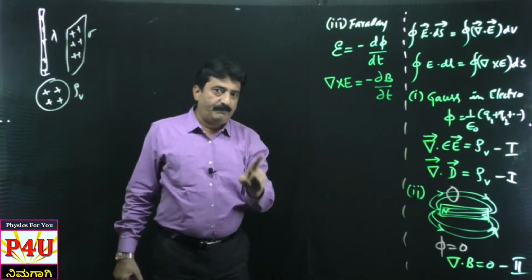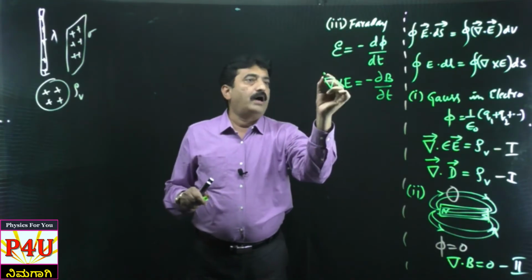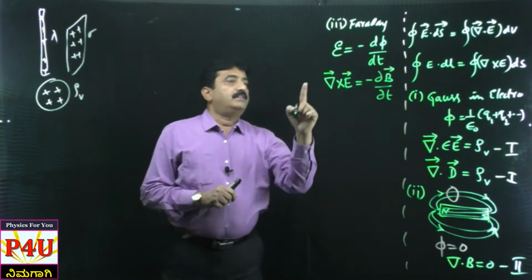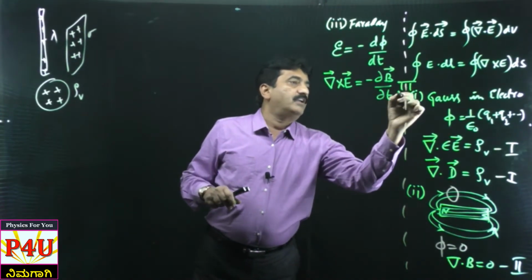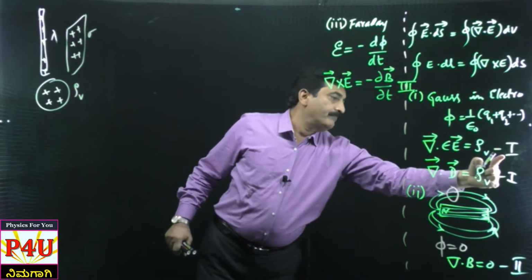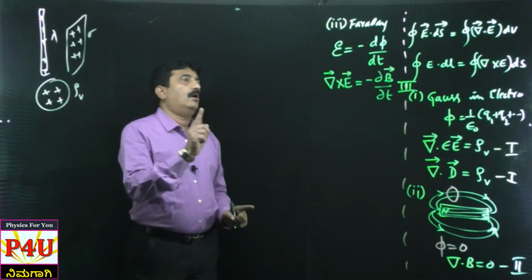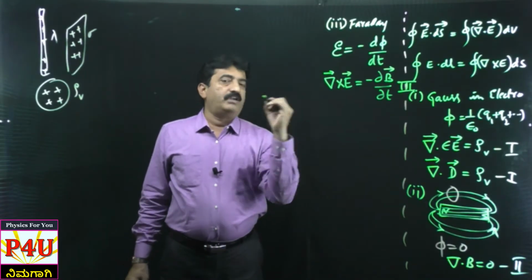Once again I am repeating, derivation not necessary. And of course you have to put an arrow mark wherever you have a vector quantity. Well, this is nothing but equation number 3. I write it as equation number 3. Shall I continue? Okay. So the third equation is ready. Now comes the fourth equation.